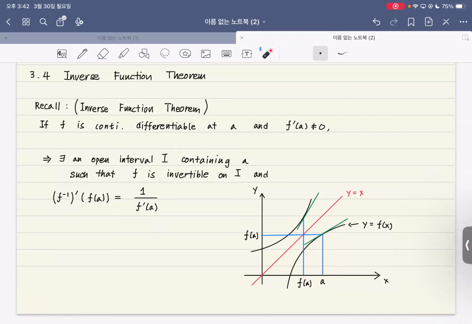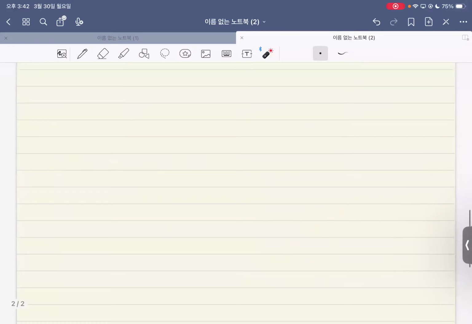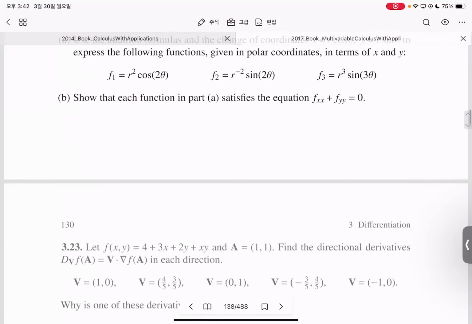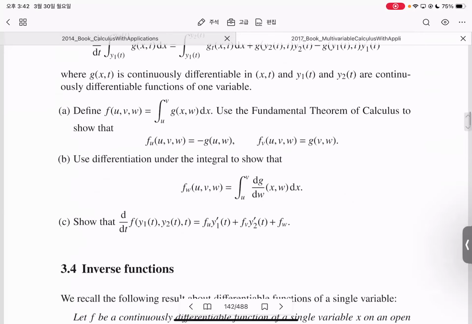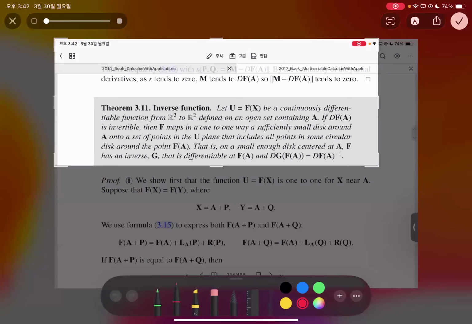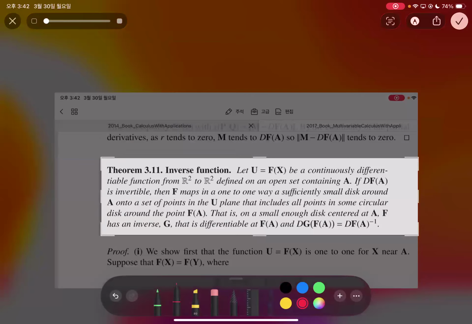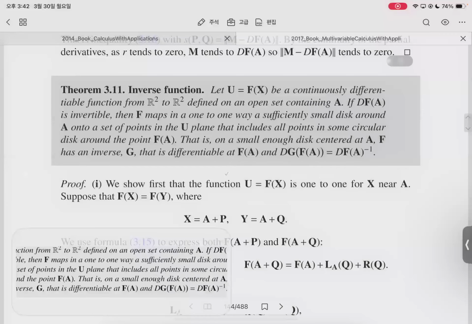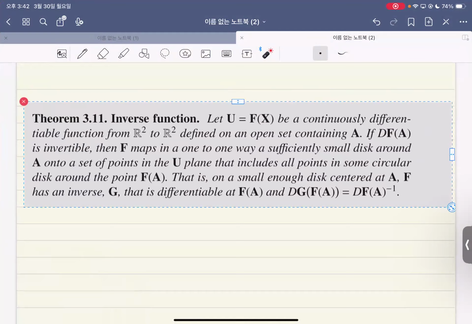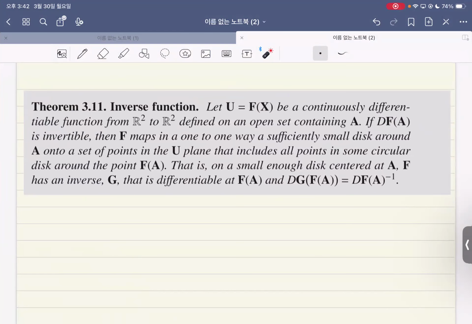So this is the inverse function theorem for a single variable function. And what we are going to do in today's lecture is the inverse function theorem for multivariable functions. As always, we start with two variables.